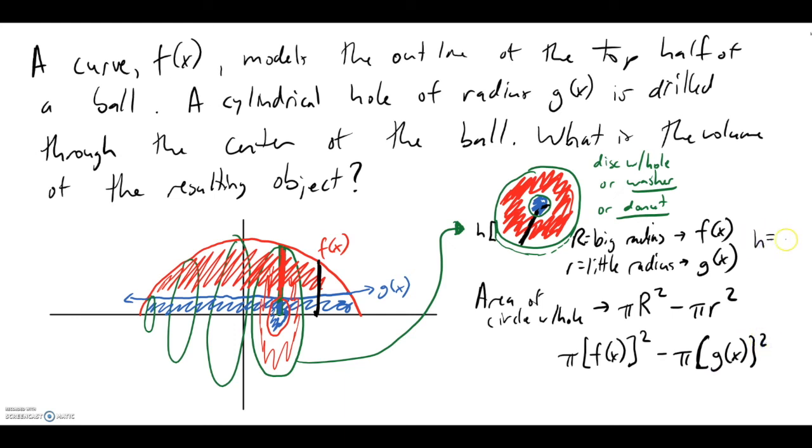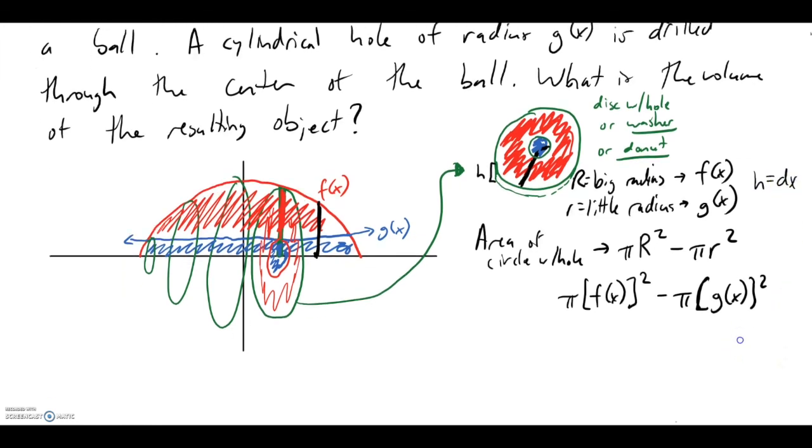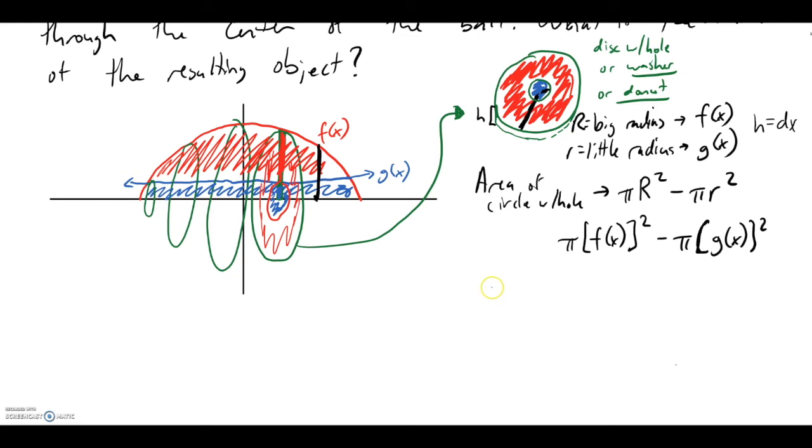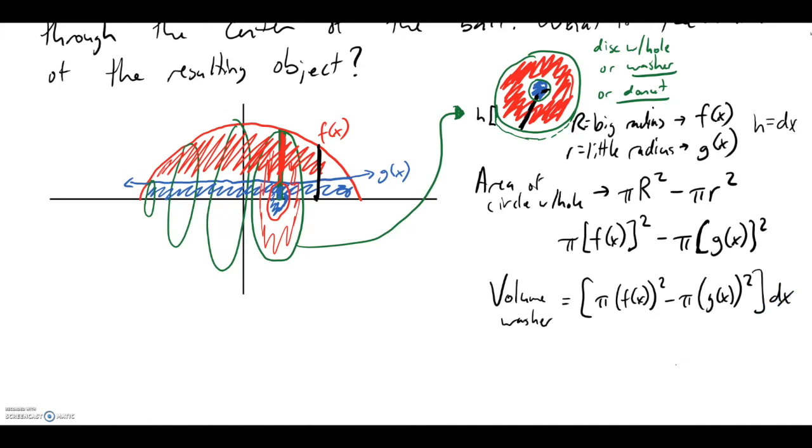And the height for this washer would be some small change in our x values. So in order to make a volume for one washer, it would be pi times the big radius f of x squared minus pi times the little radius g of x squared times dx. And to get the volume of the entire resulting shape, I would add up all my smaller volumes.